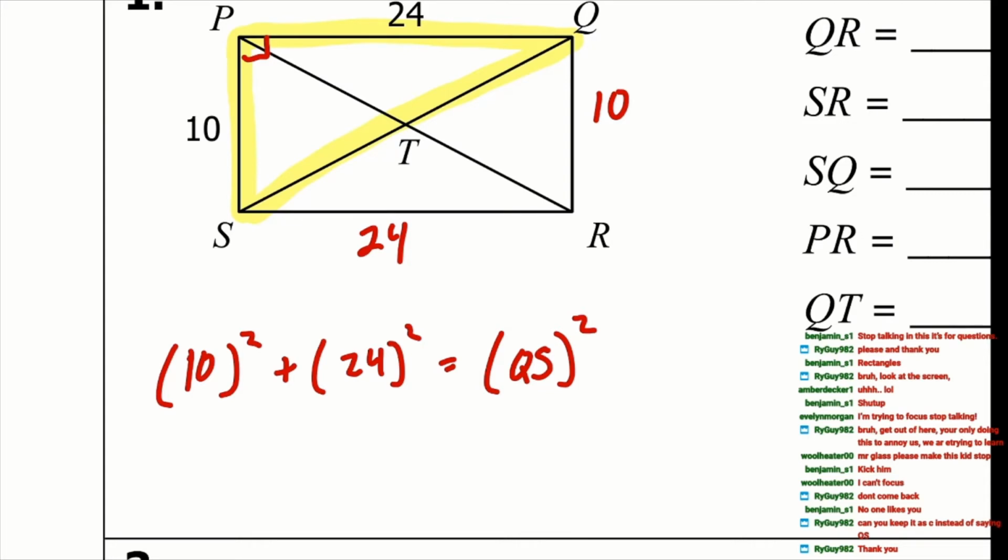All right. So I'm just going to do Pythagorean theorem quickly on my calculator. You should get 676 for QS squared. And then we just got to square root that. And we get 26.